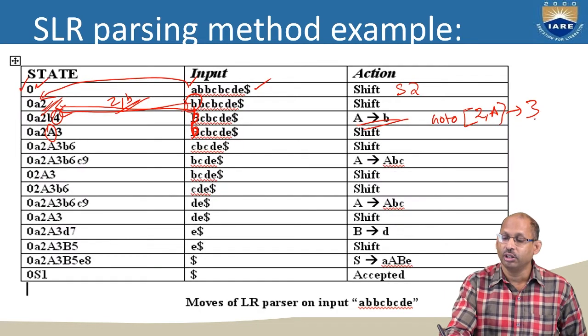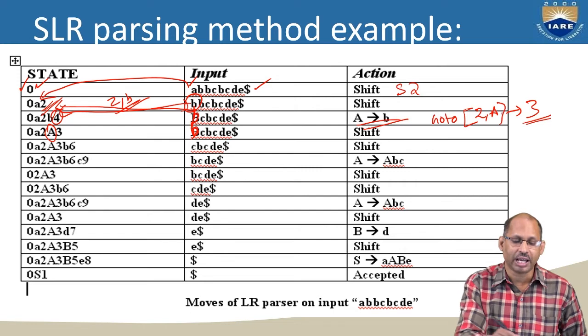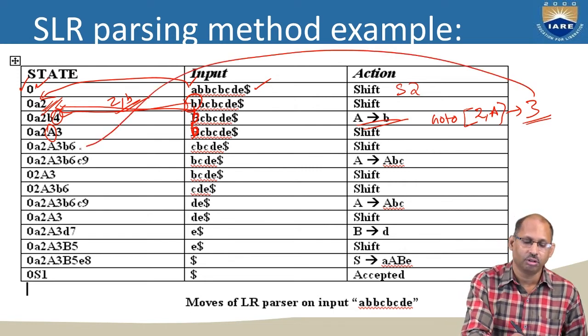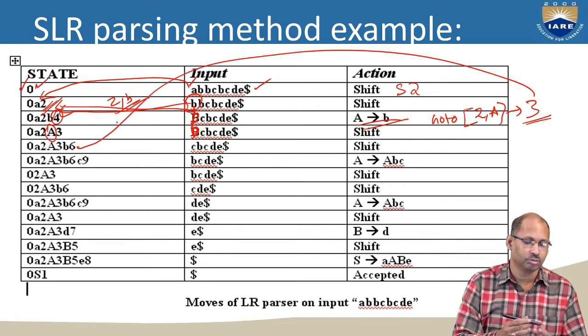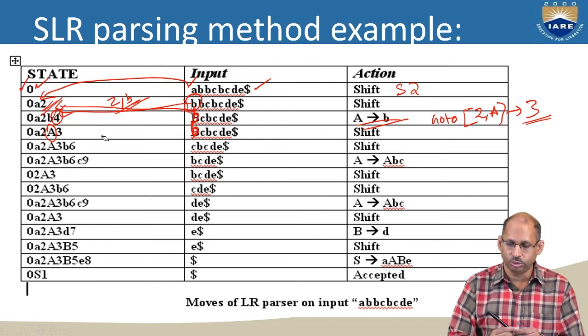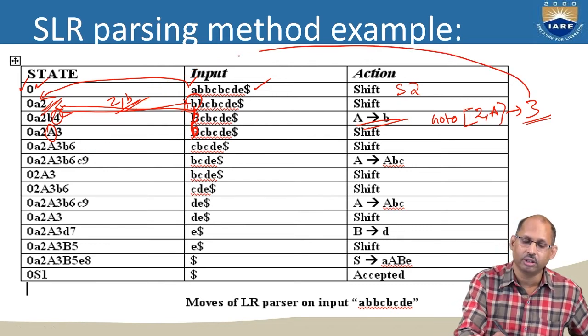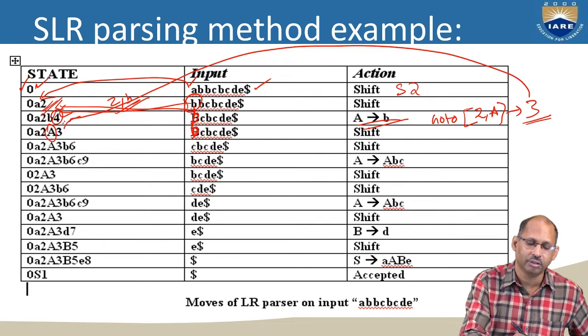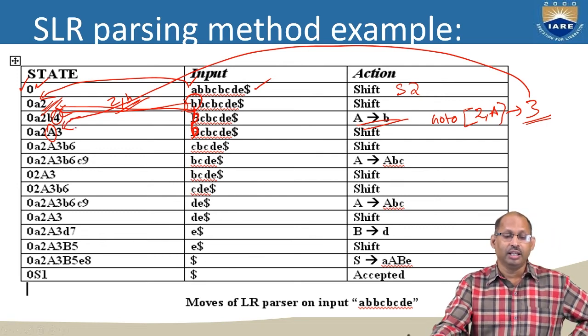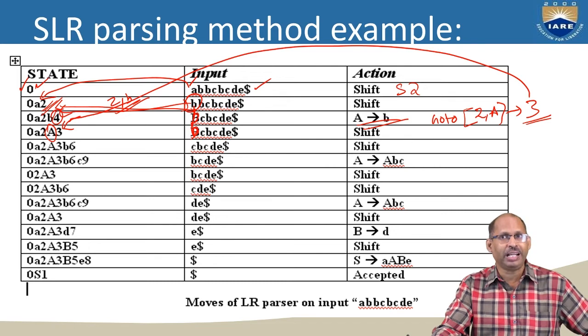Move this 3 into the stack. Replace small b as capital A. Then move the 3 into the stack.